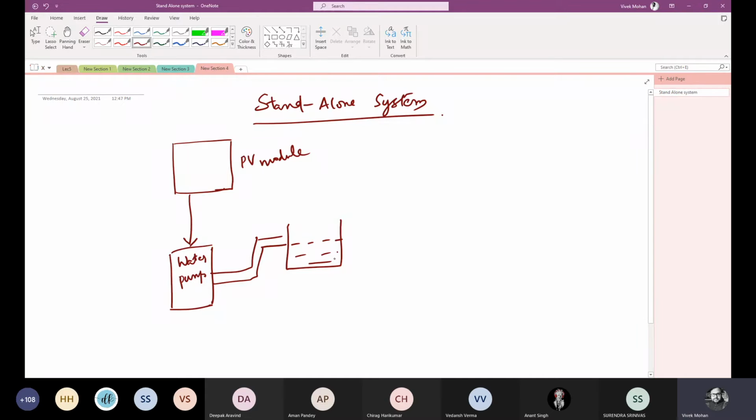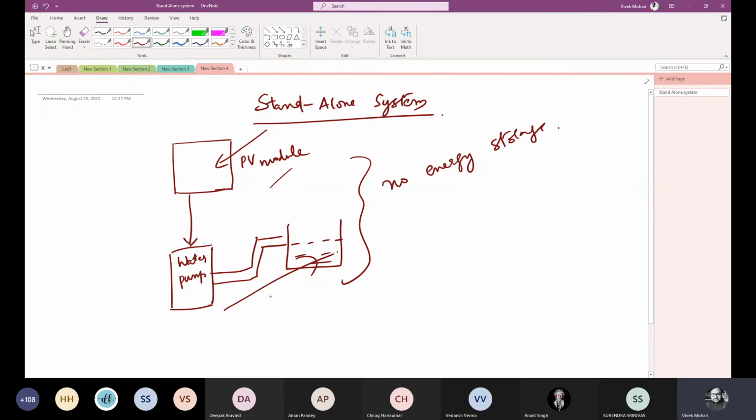So this is a DC PV system which powers a water pump with no energy storage, which means whenever sunlight is there, it will pump. When sunlight is not there, it will not pump. That's all. You don't need energy storage here. You are just doing it as and when the natural resource is available.